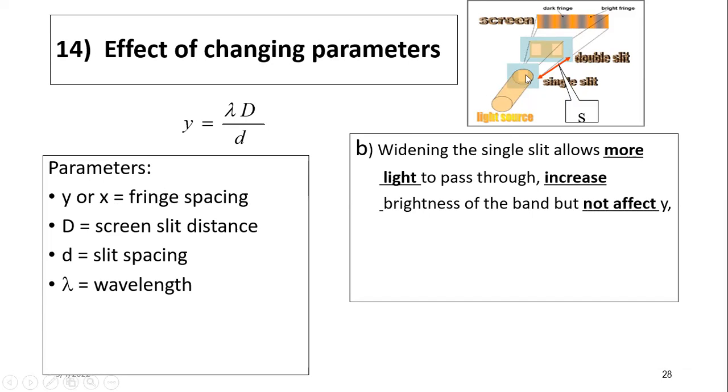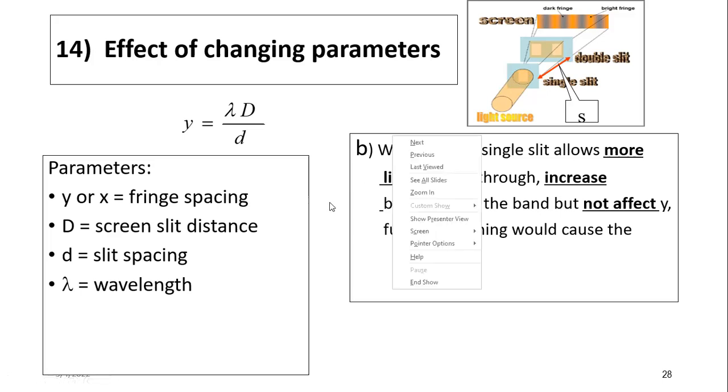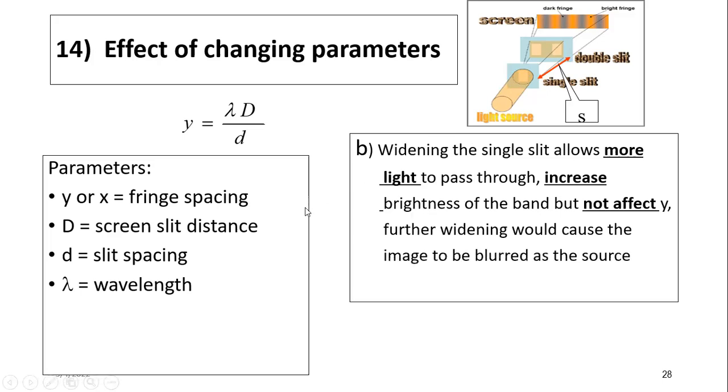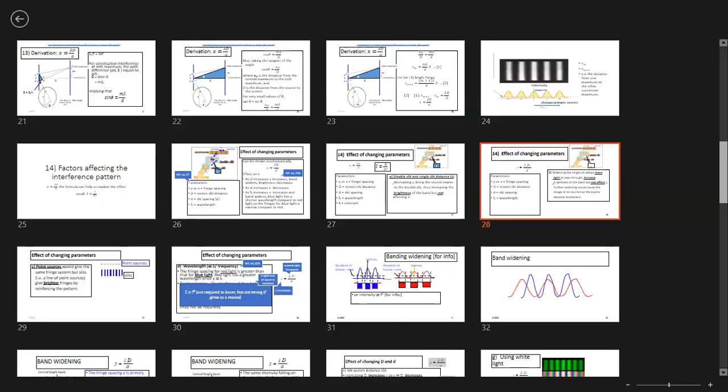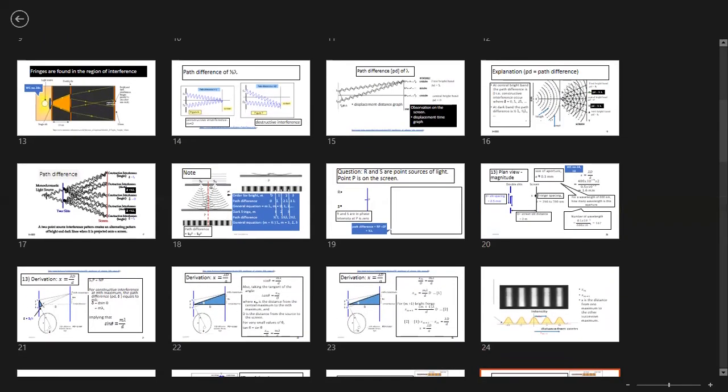Single slit aperture doesn't come into the formula, so it's not affected. If you widen it too much, remember, it will cause the image to be blurred as the source becomes incoherent. Just go back to this picture to help you understand what is happening.